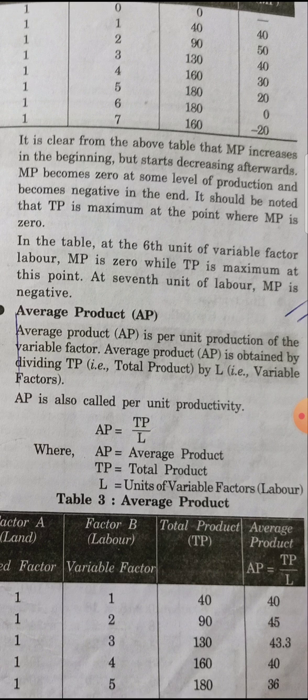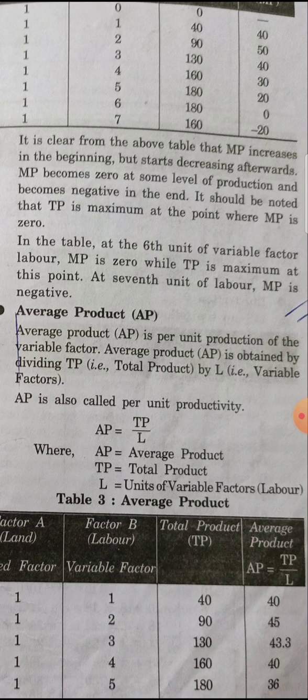Average product is the per unit production, right? As we know about average revenue, that is the per unit price, but here it is the per unit production of the variable factor. It means that in 1 unit, what is the production, that is called the average product of the variable factor.